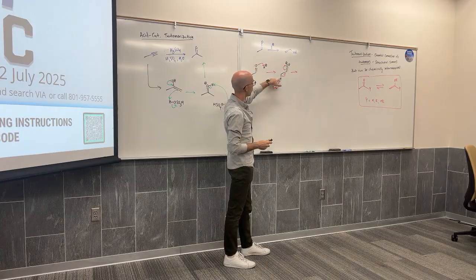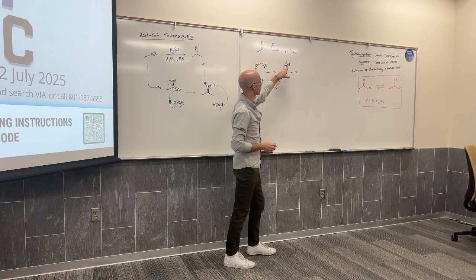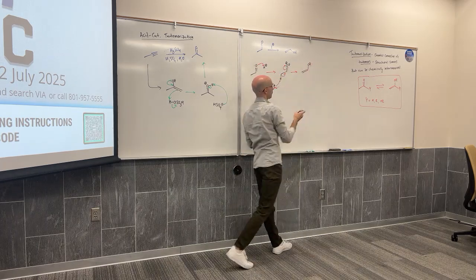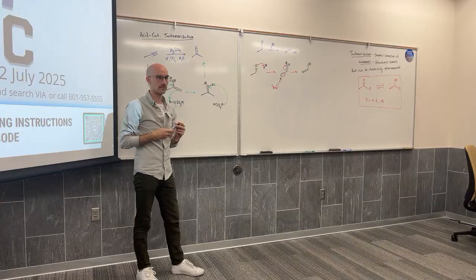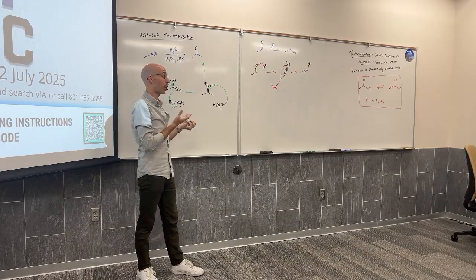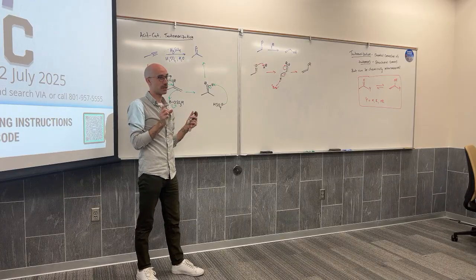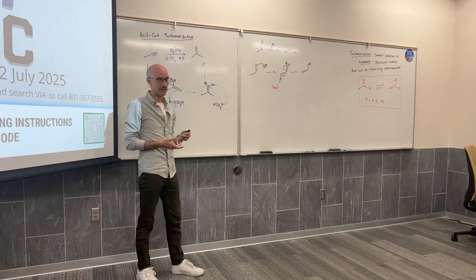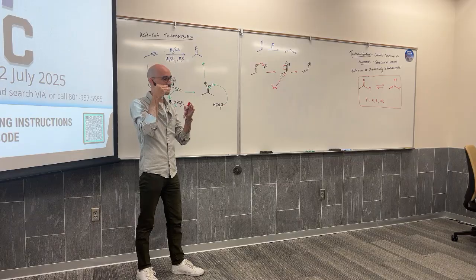So I have removed a hydrogen, formed an alkene, and created my alcohol. It's not a hard mechanism, right? But if you don't understand it, you're just memorizing stuff. But is it impossible to understand it? No, it's actually quite logical.